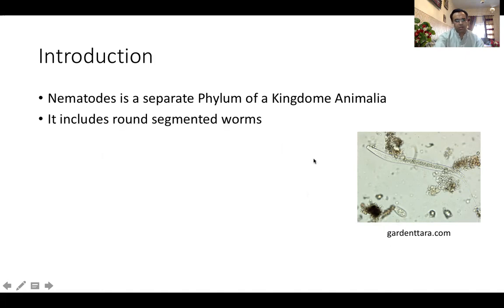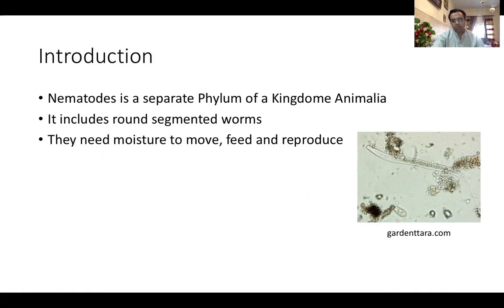These are round segmented worms, and they are active and they can move. They need moisture to move, feed, and reproduce.